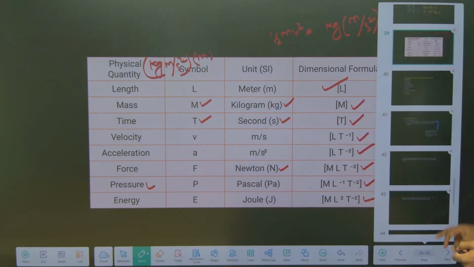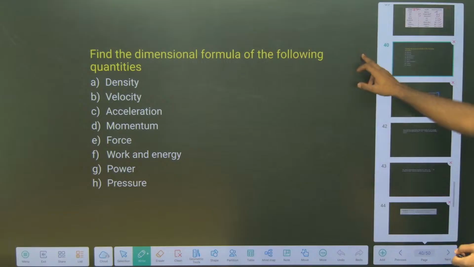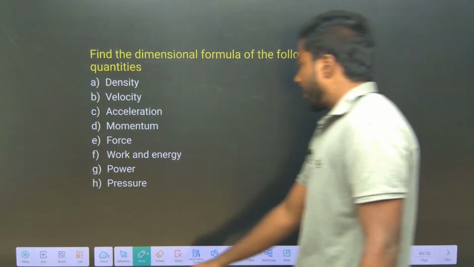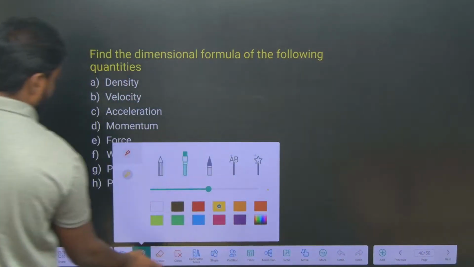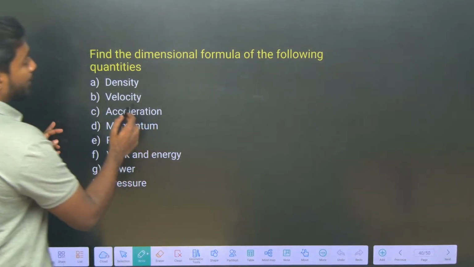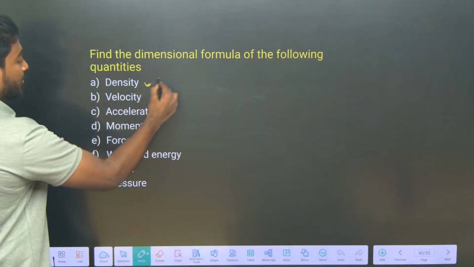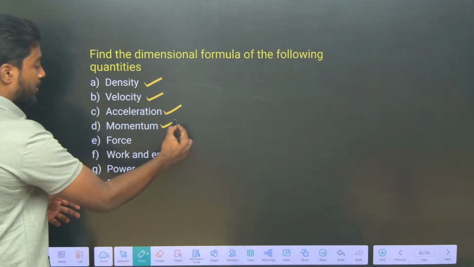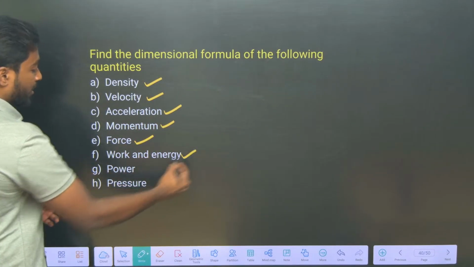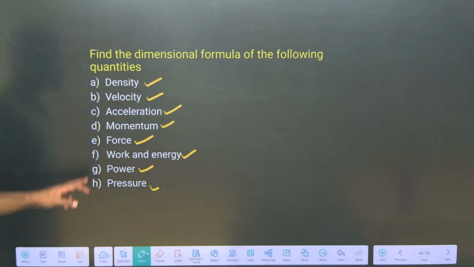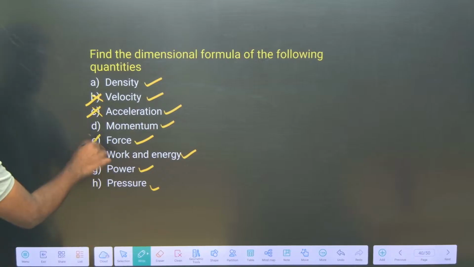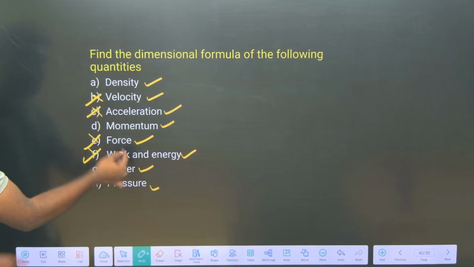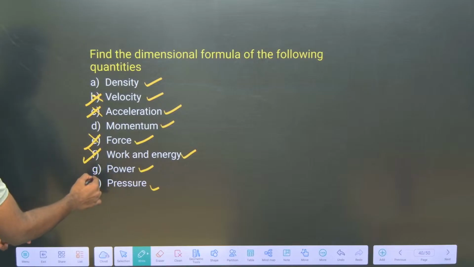Done. So here is the homework question for you. I need you to get the dimensional formula for density, velocity, acceleration, momentum, force, work and energy, power and pressure. Velocity we got, acceleration we got, force we got, energy we got, work also we got, and pressure we got.